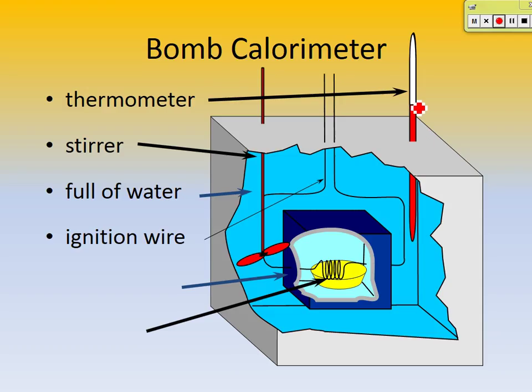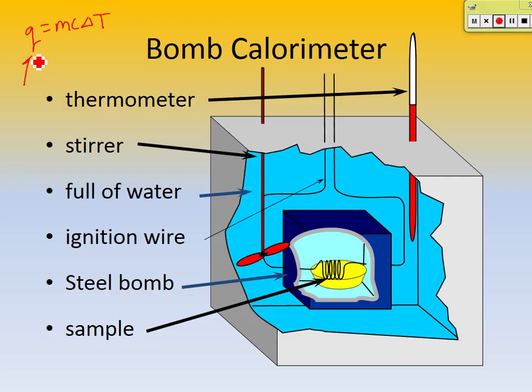As the temperature of the water increases, we can track that with temperature. And from these equations, Q is equal to mc delta T, we can get an energy value. There's a way to convert from joules to calories. And that's what they'll do in the food industry. That's how they determine how many calories are in each food item that you're eating.